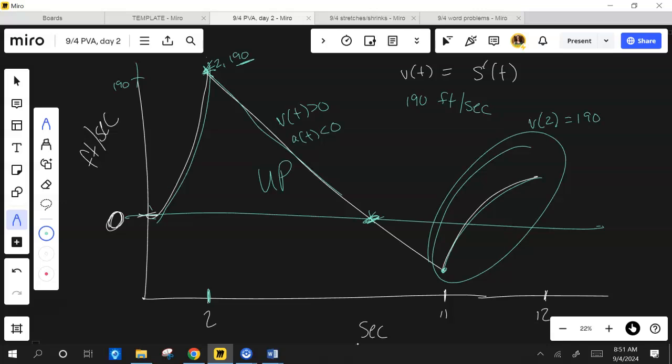I'm still on D. And we said at 11 seconds is where the parachute popped out. When it popped out, how fast was it going? If you look over here, this is like negative 90. But because it's speed that I'm talking about, I can't say negative. So it's falling 90 feet per second. Yes?